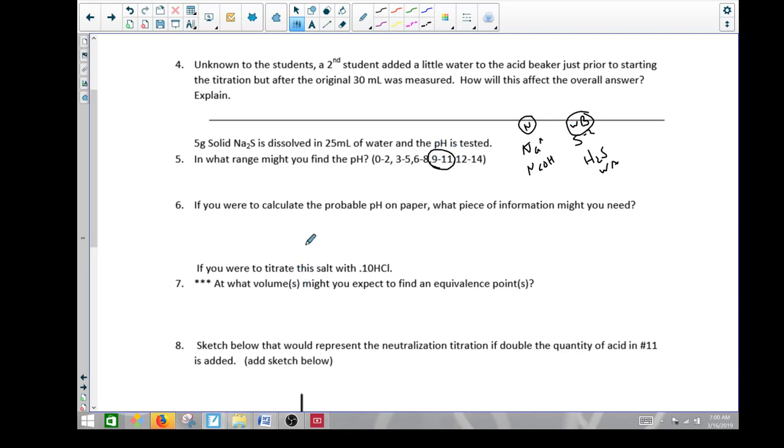If you were to calculate the probable pH on paper, what piece of information might you want? Well, in this situation I have 5 grams of stuff dissolved in water, so I'd be able to get the concentration. I have that information.